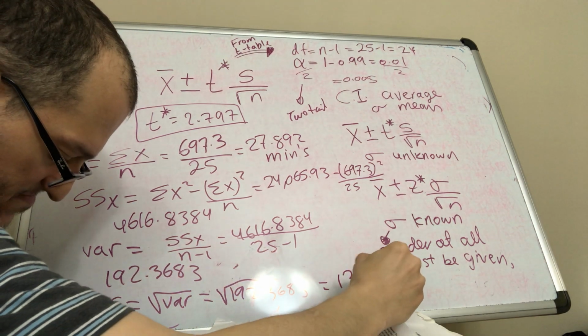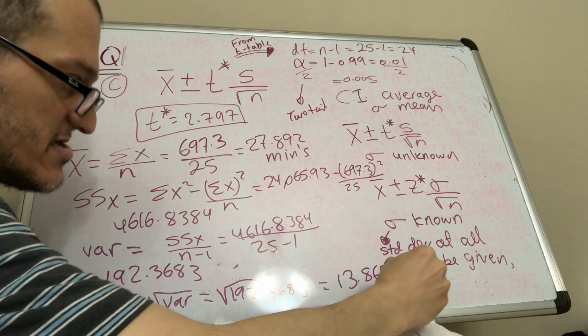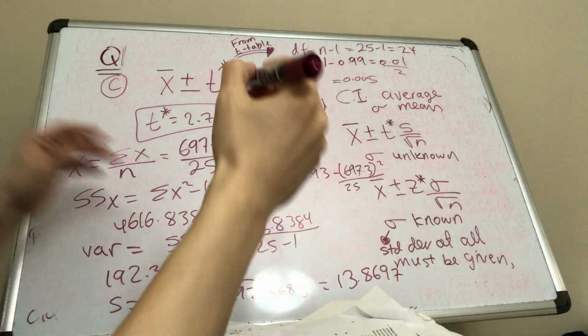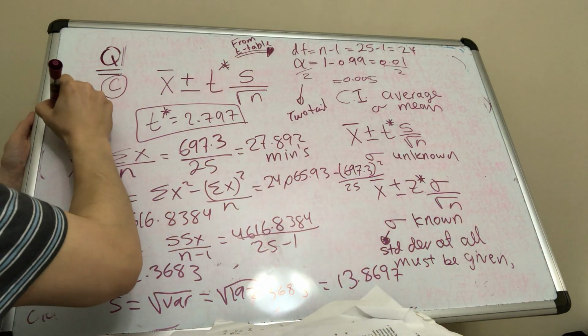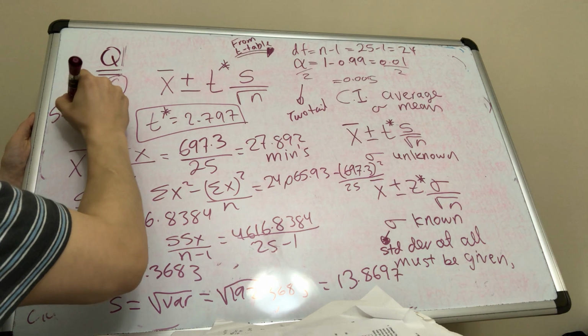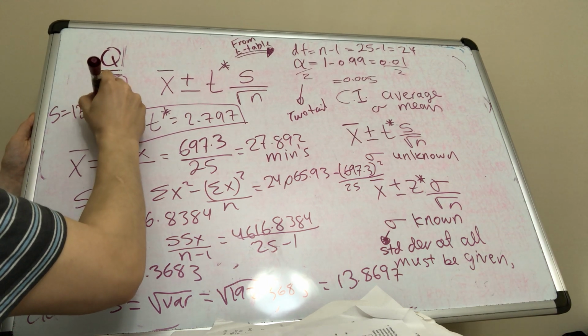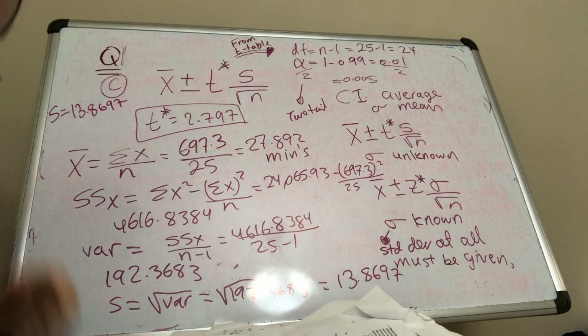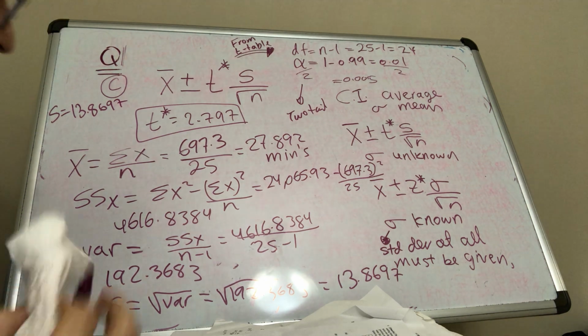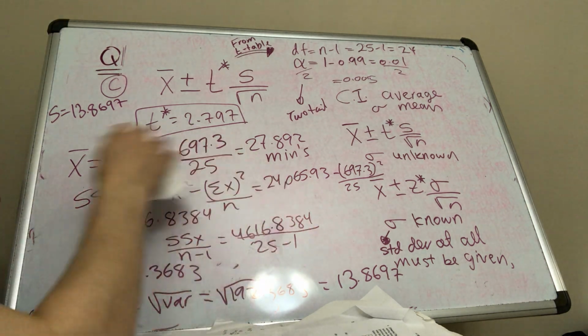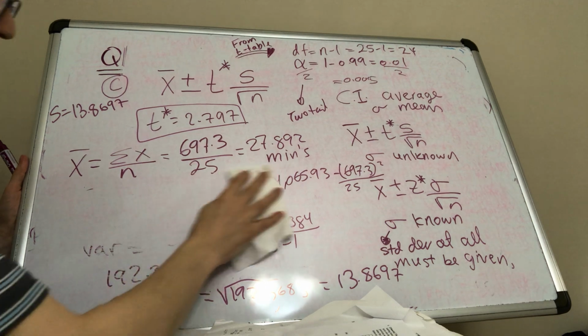That's 13.8697. So I'm going to add it here, my standard deviation, 13.8697. So now we found everything, the mean and the S and all of that.